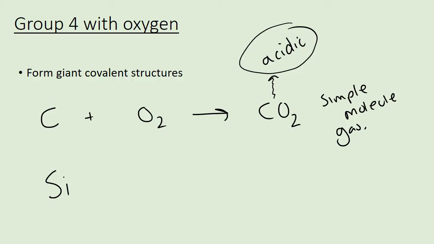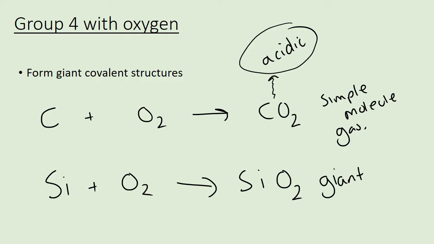So CO2 is acidic. Silicon will make silicon dioxide, which actually is giant covalent, as in sand. So SiO2 is giant covalent, but you guessed it, it will also react with alkalis. It's acidic.